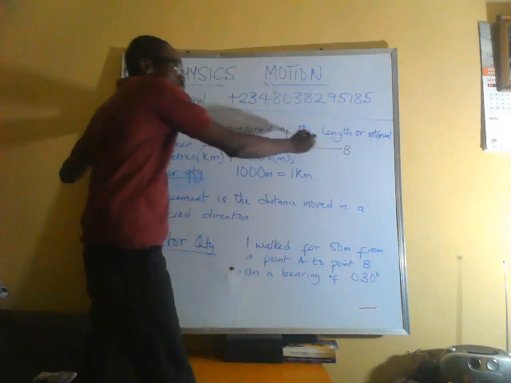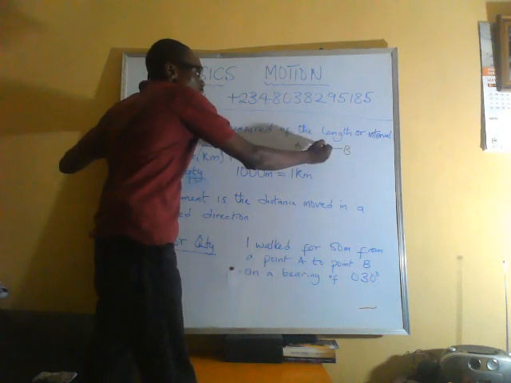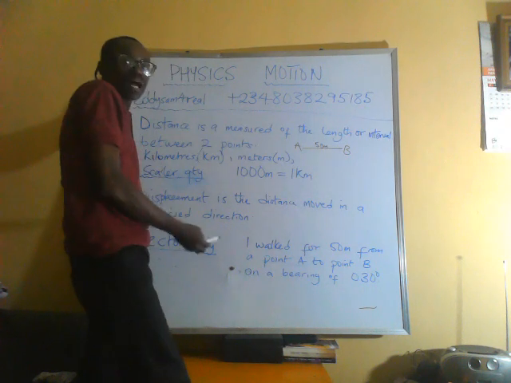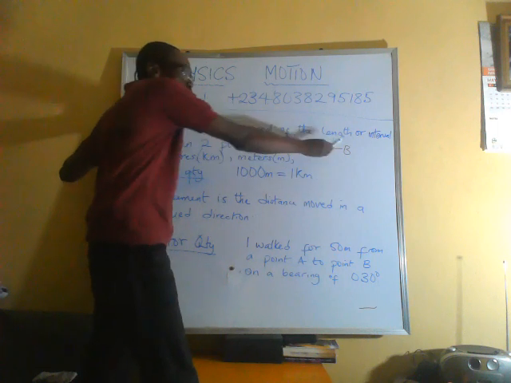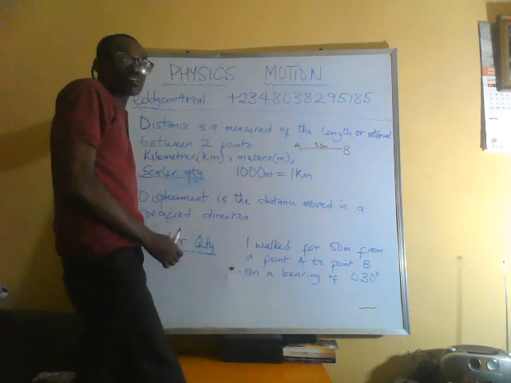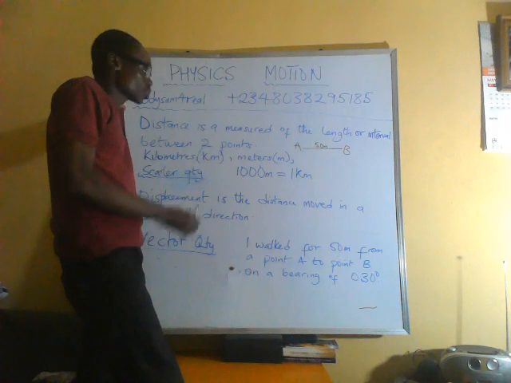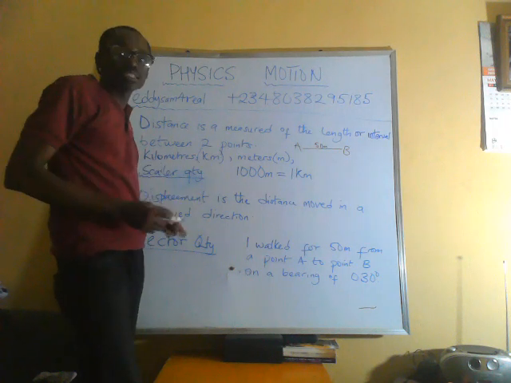I measure the length to be 50 meters. So that implies that the distance between point A and B is 50 meters. So that is just it.